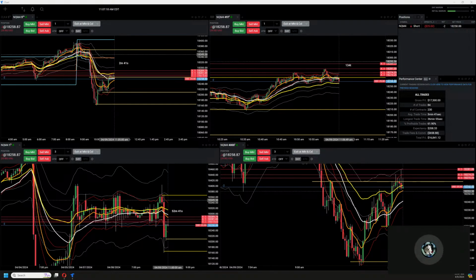You know, I feel that about the whole system overall, though. I mean, the RDA, but it's just because I see it happen day in and day out. Of course, not every trade works, right? But there is a reaction almost on every level that we deem a reaction zone.